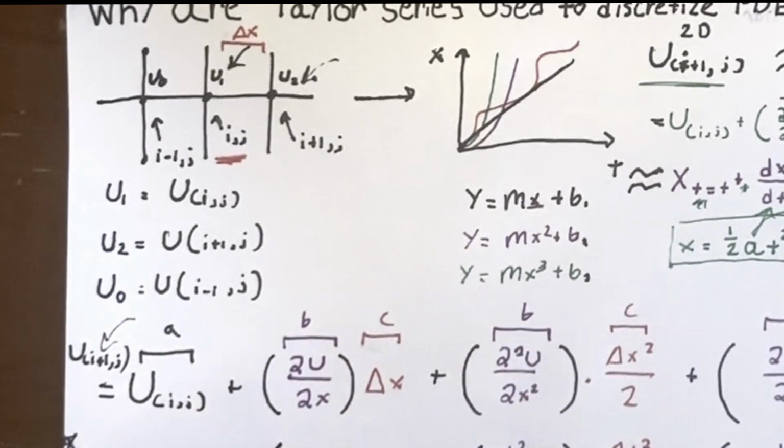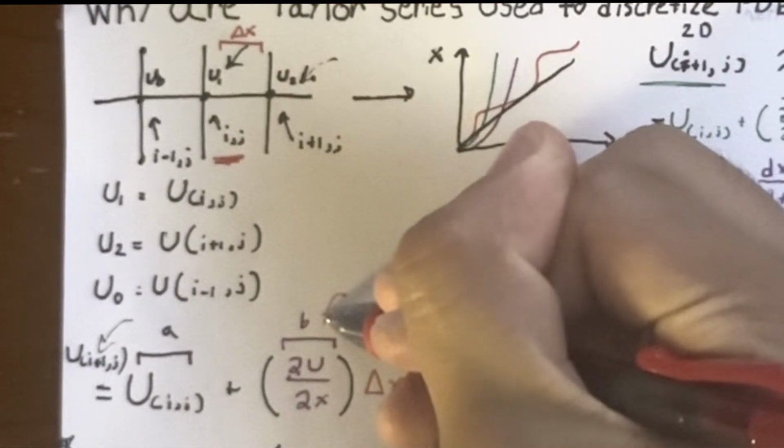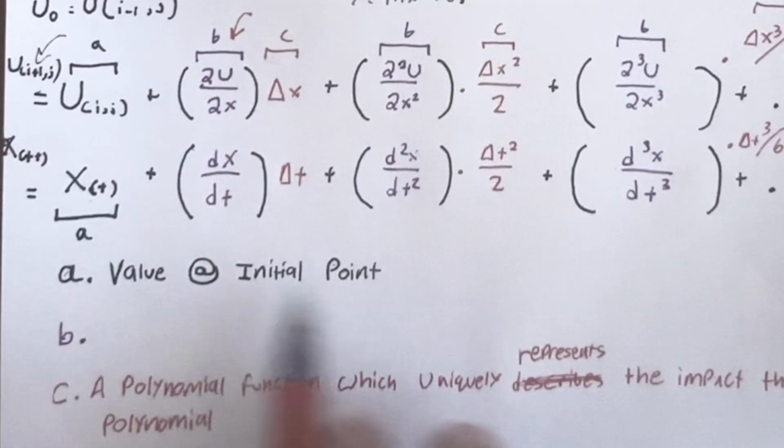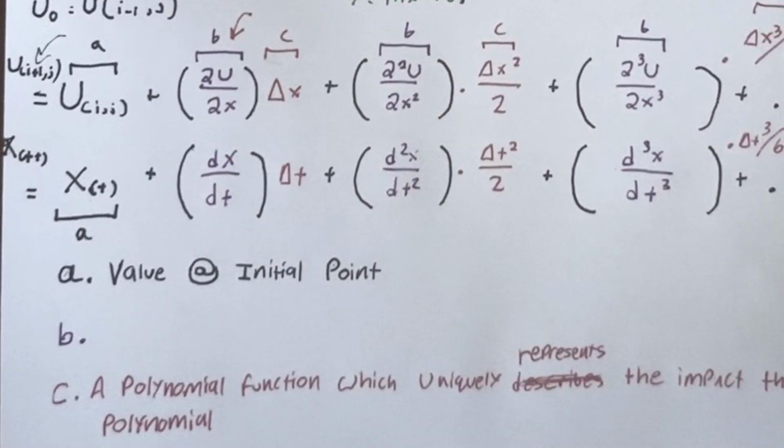So we're intending to rewrite this expression and to find what exactly this is, but I'll get to that later. So ultimately that's the same for first order and second order, and A represents the value at the initial point, because this is inherently an expression that describes the change in value.